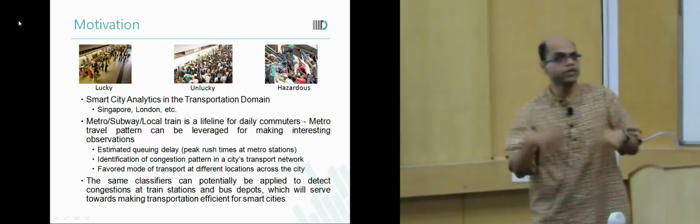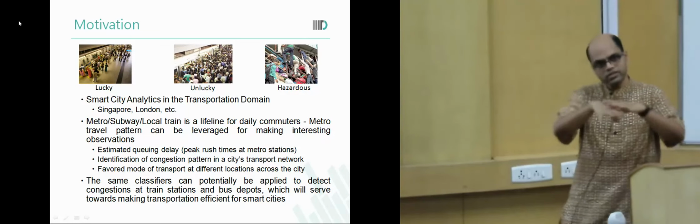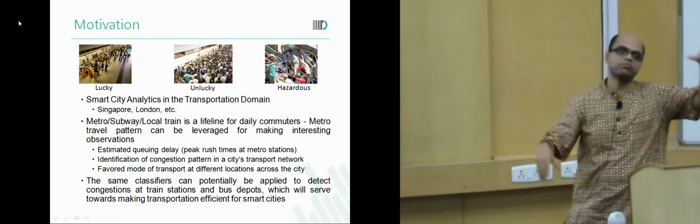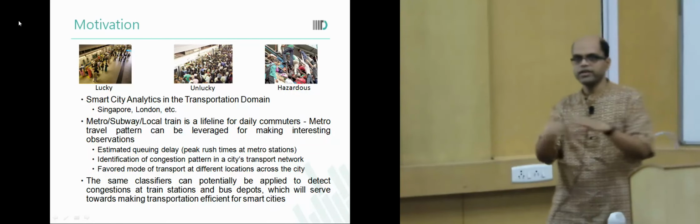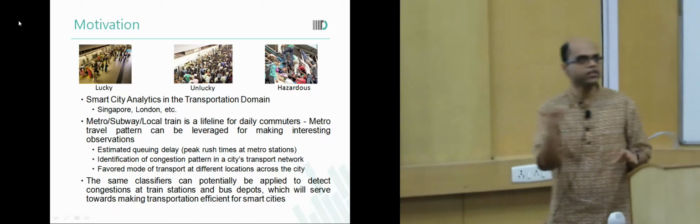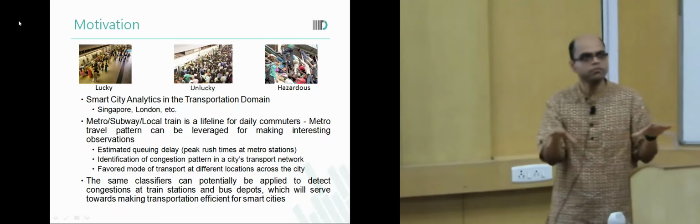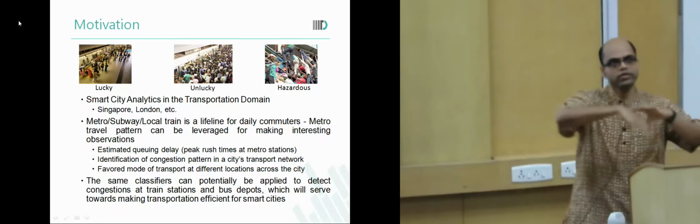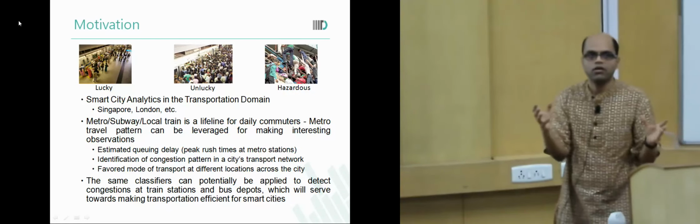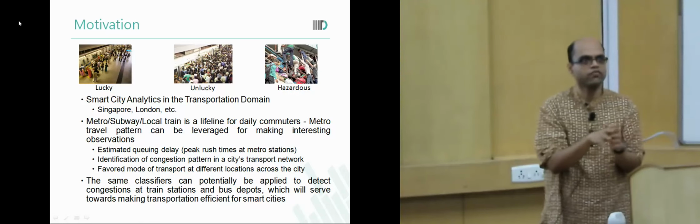And then for the public planning, if we understand how all these different transportation, bus, metro, local train, are flowing into each other and feeding into each other, the city planning people can make a better decision when they build a new city or they want to change the current infrastructure in the city.